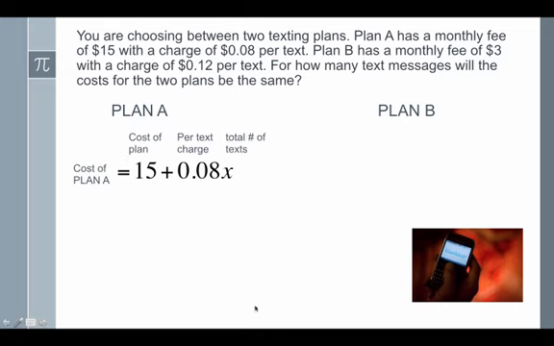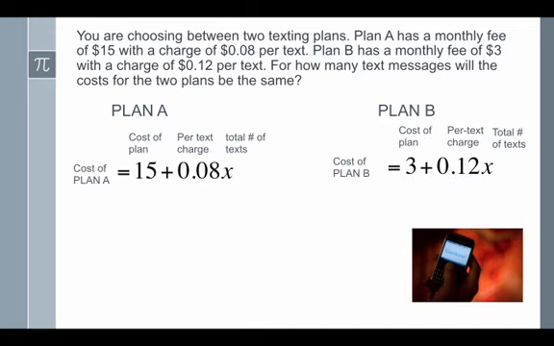Notice we have the 15, the cost of the plan, plus 8 cents per text just means 0.08 times x. We can do the same thing for Plan B. The cost of Plan B is $3 for the plan and then 12 cents per text, which means 0.12 times x.